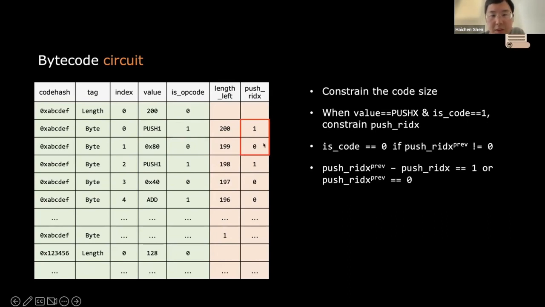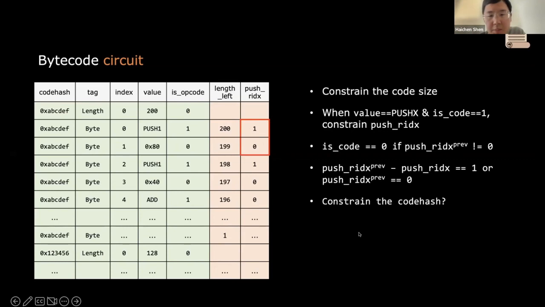Also you need to constrain this push R index, the reverse index, to be reduced by 1 if it's non-zero. If the previous row is not 0, then the previous row minus the current row equals 1. Or if it's 0, then it can always be 0, copying along. Okay, so with these 3 constraints combined together, we prove this is opcode column is constructed correctly.